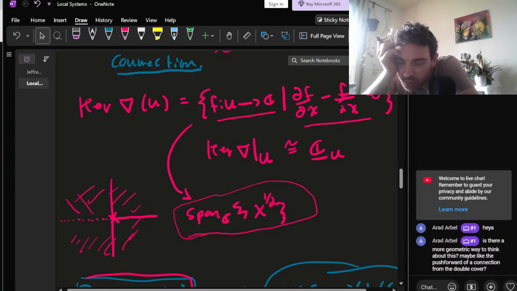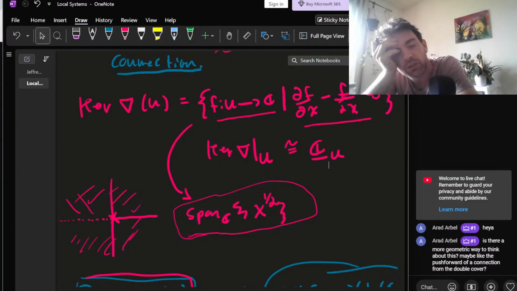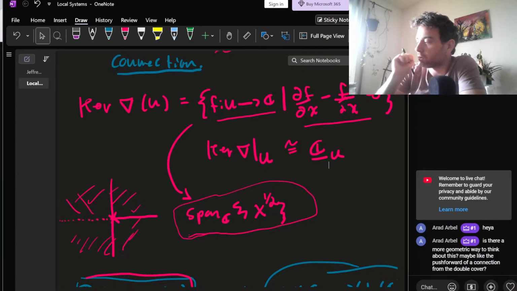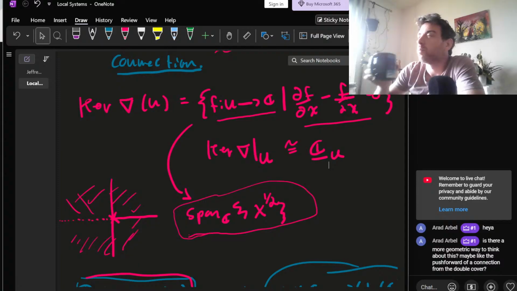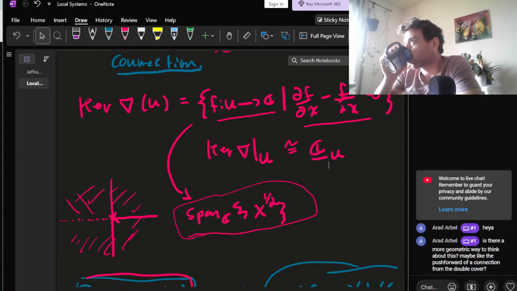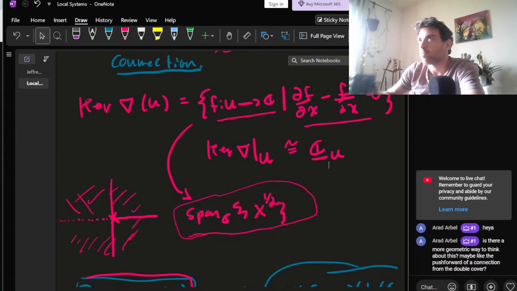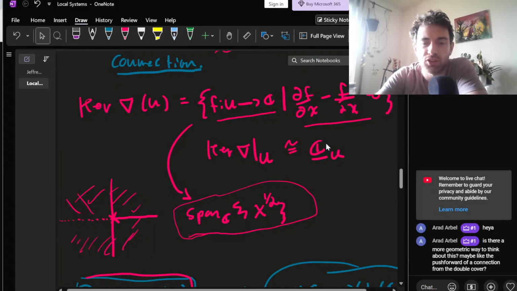Is there a more geometric way to think about this? Like the push forward of a connection from the double cover? Well, there is, I don't know. Well, I don't know which specific part you're talking about, but I'm about to say something that will.